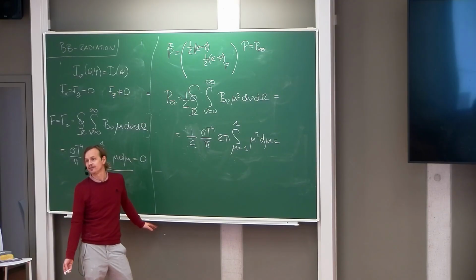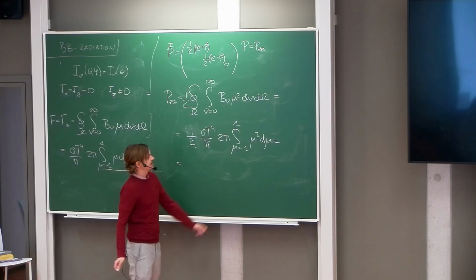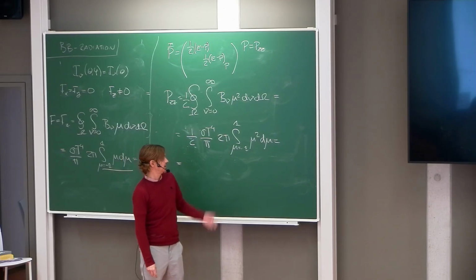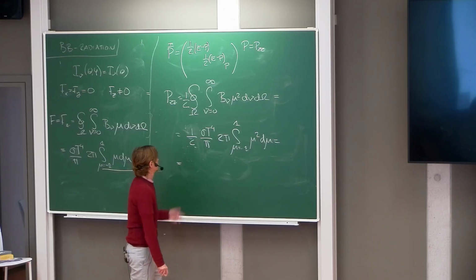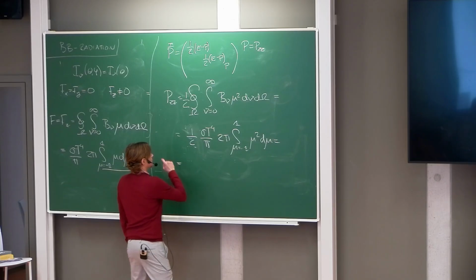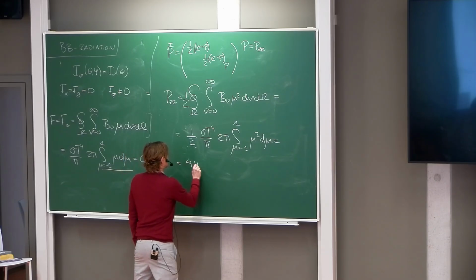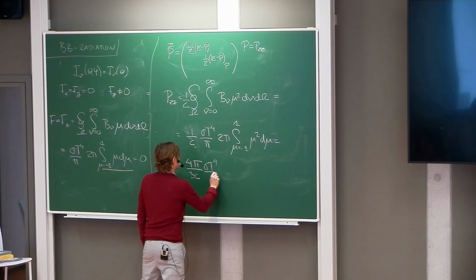It's an even moment of the radiation field, so this doesn't cancel anymore. Instead, if you evaluate this, it's just mu cubed divided by 3, right? So what comes out is 2/3. So you have 4 pi over 3c, sigma T^4 divided by pi.